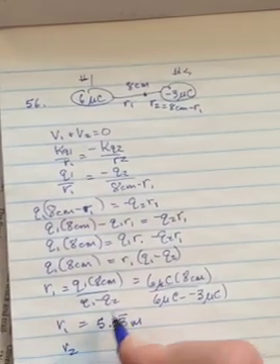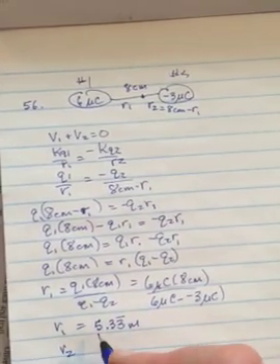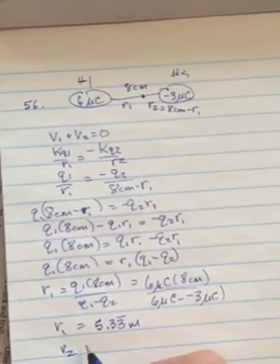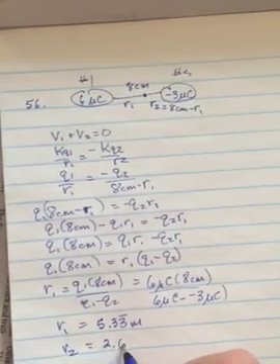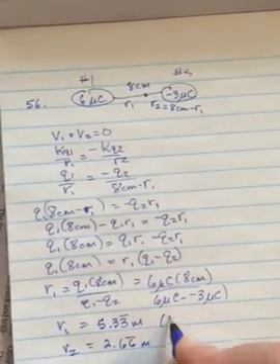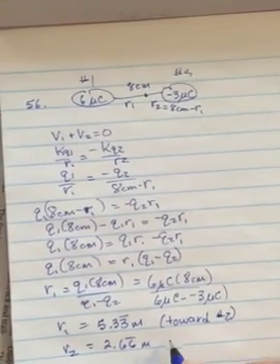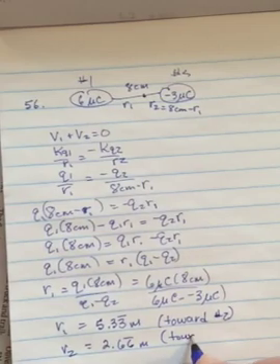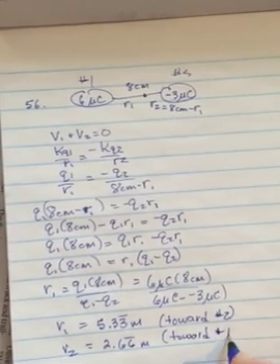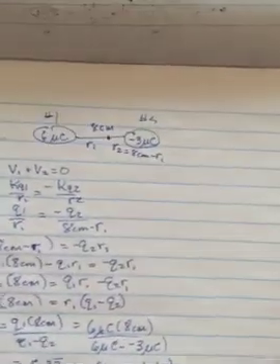And so R2 is 8 centimeters minus that. So that's what? 2.6 repeating. This one is towards number 2, and this one is toward number 1. Okay, that's the first one.